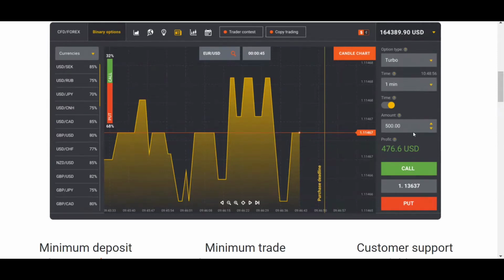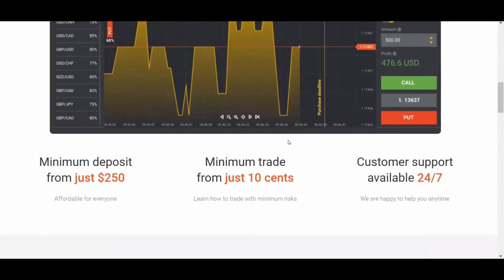And right in this, you would enter the amount of cents you want, cents as pennies. So if you wanted to just place, for example, a 50-cent trade, you would just put 50 in the cent. Okay. So the trade minimum is 10 cents.